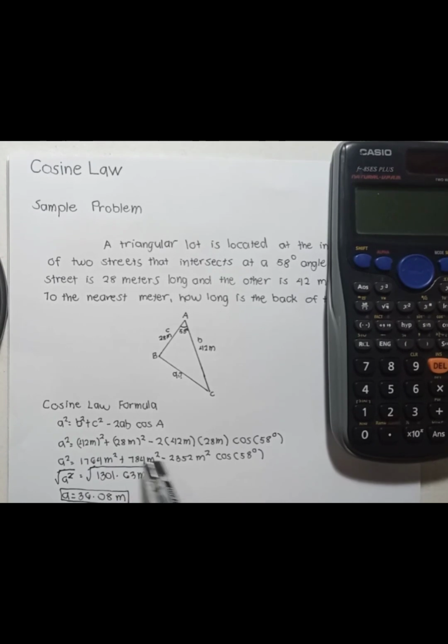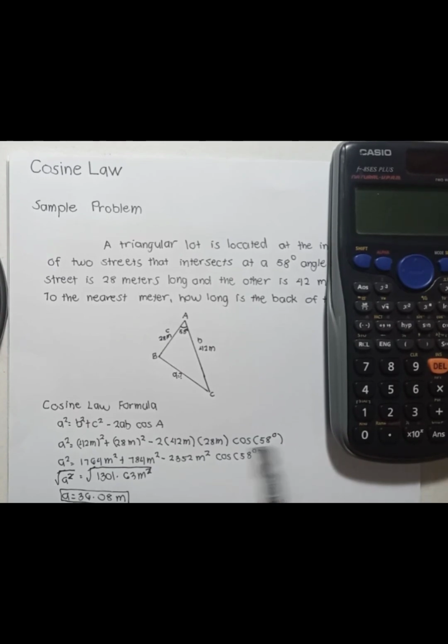We will get the answer of 1764 meters squared, and for 28 meters squared we will get the answer of 784 meters squared, minus 2 times 42 meters times 28, we will get the answer of 2352 meters squared, and we will copy the cosine 58 degrees.